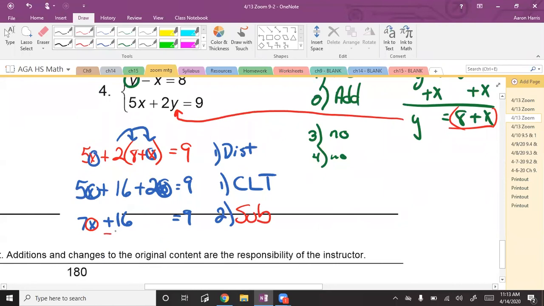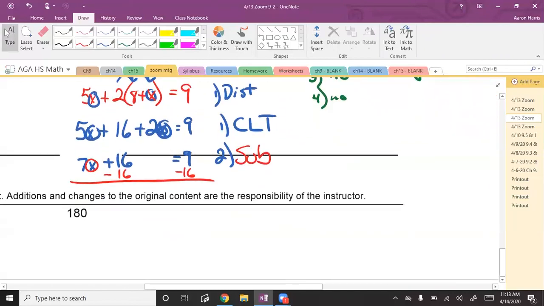Subtract what? 16, because I'm adding it. What I do to one side, I must do to the other. So now 7x comes down. 16 minus 16, 0. Don't forget your equal sign. 9 minus 16 is what? -7. That's really 16 minus 9, which is 7. Keep the sign of the bigger number.